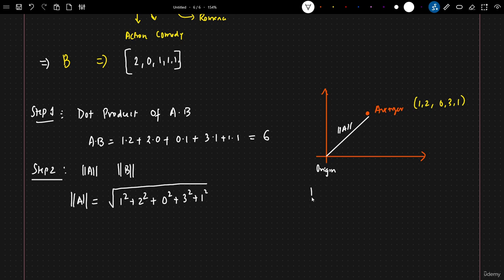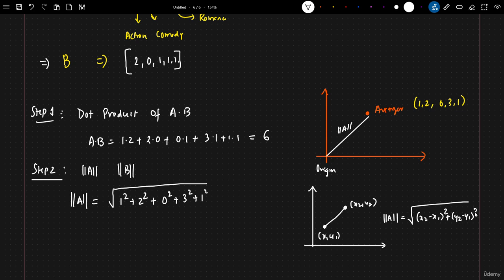It is very simple. According to Euclidean distance, if I have 2 points, let's say x1, y1 and x2, y2, then to calculate the distance between these 2 points we use a formula. The magnitude of A will be the root of (x2 minus x1) whole square plus (y2 minus y1) whole square.